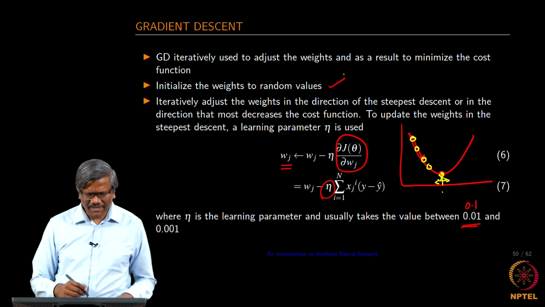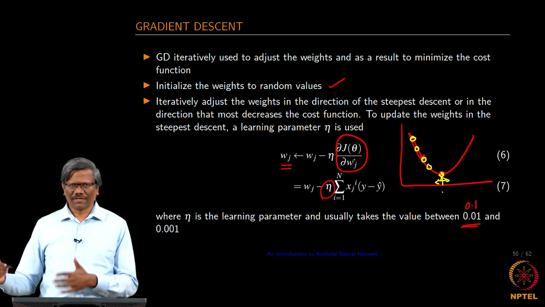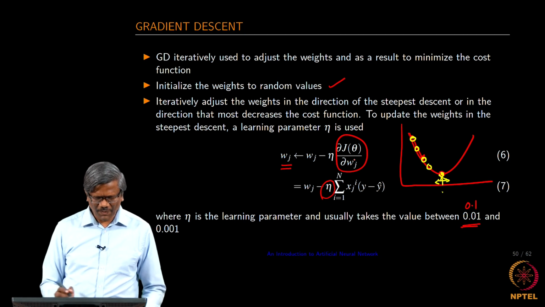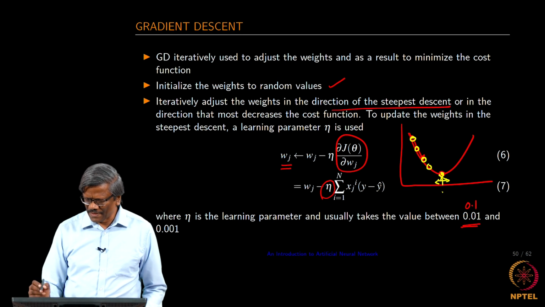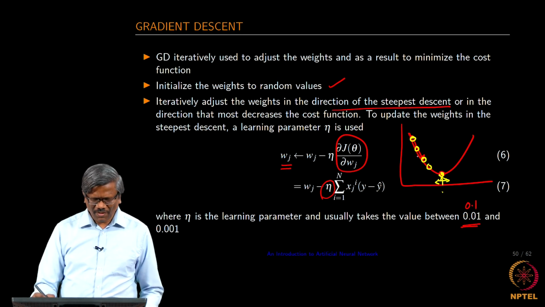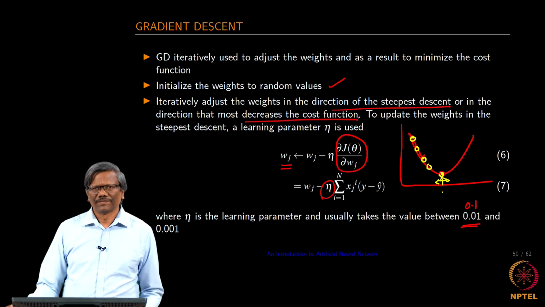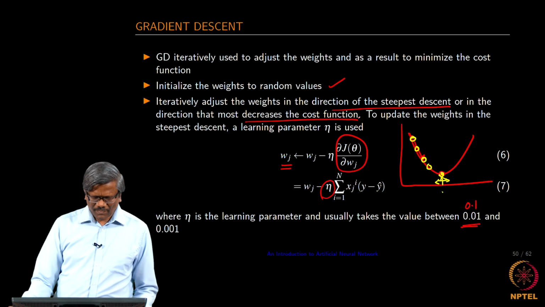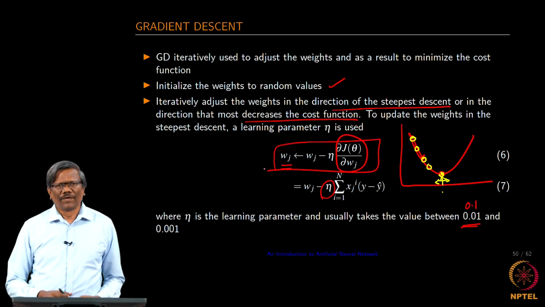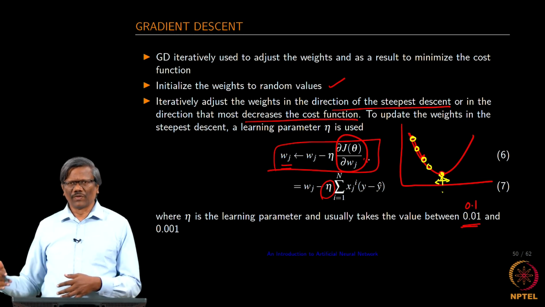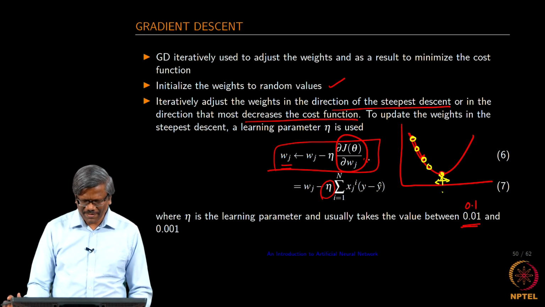We normally start with the initialization using random values. All the weights are adjusted to have random values, and then the weights are adjusted in the direction of steepest descent, or in the direction that decreases the cost function. And then we know how to compute this. We'll talk about this when we go into the artificial neural network, where we have multiple layers. Okay.